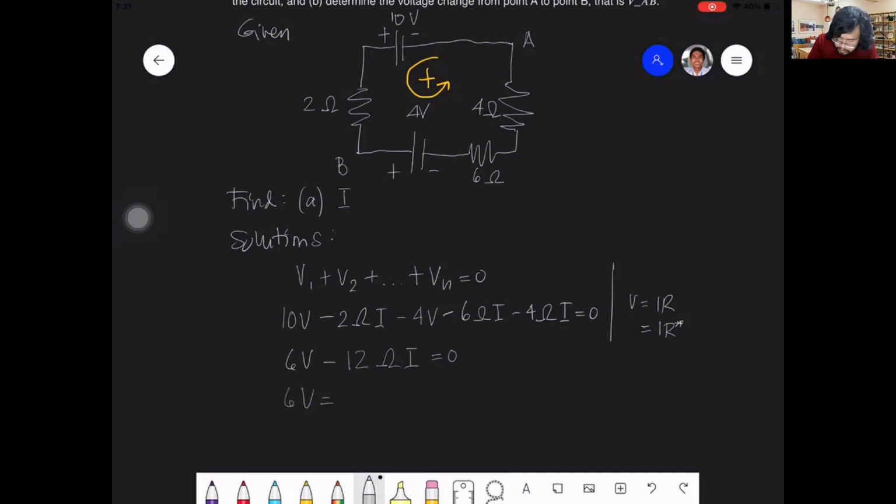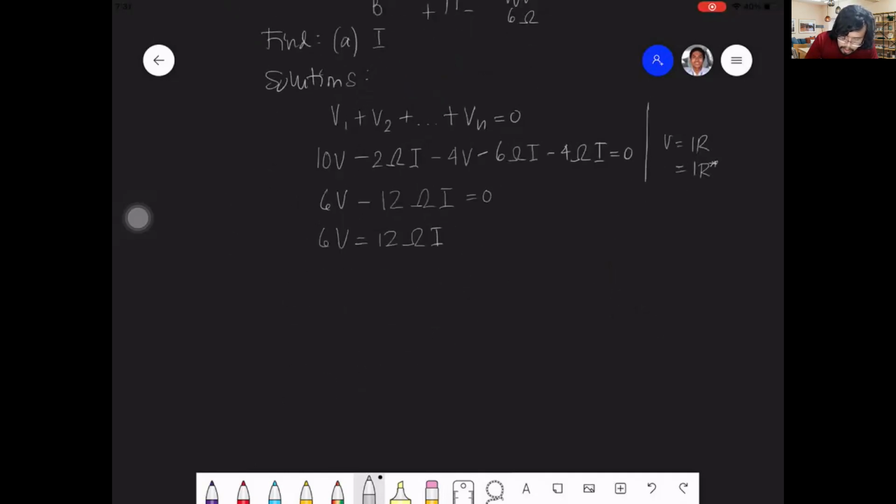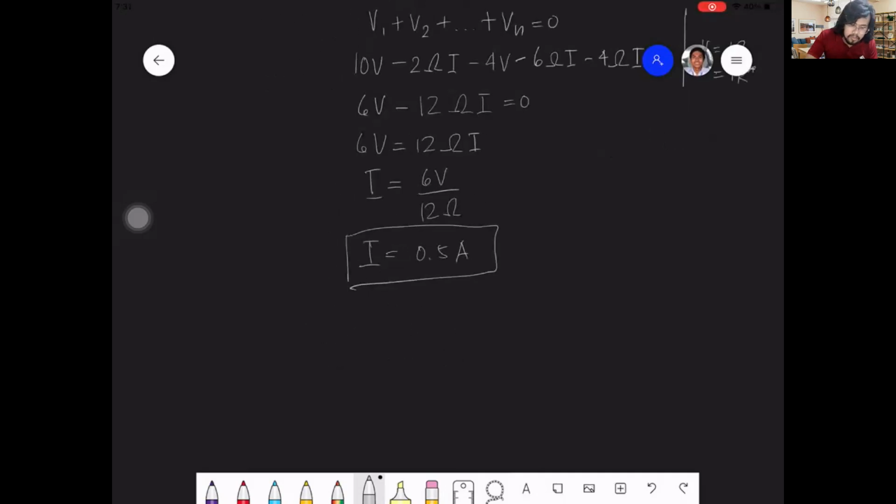So this becomes 6 volts equals 12 ohms I. And solving for I, we get 6 volts over 12 ohms, and I is equal to 0.5 amperes. This is part A, right?